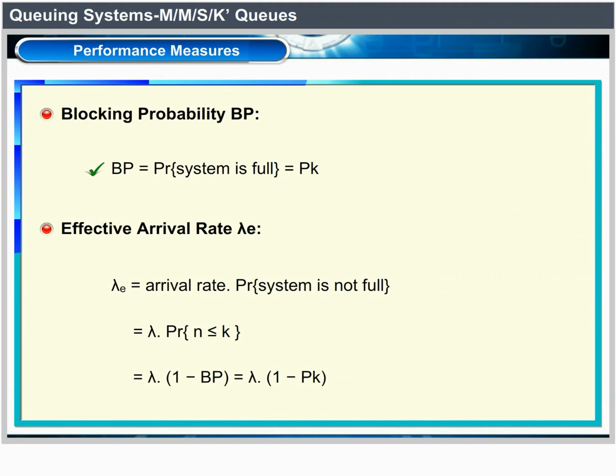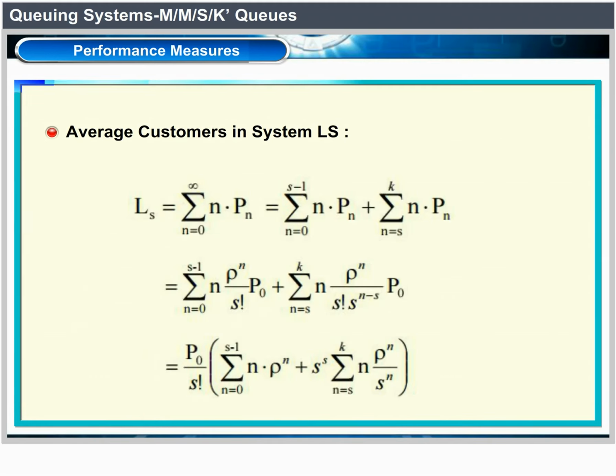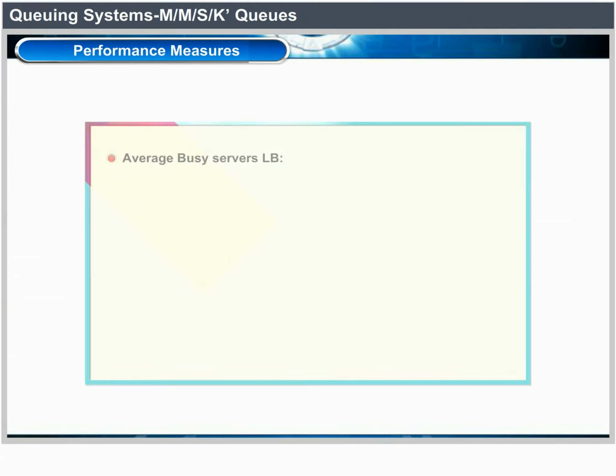Average customers in system L_S, equation as shown. Average busy servers L_B as shown.